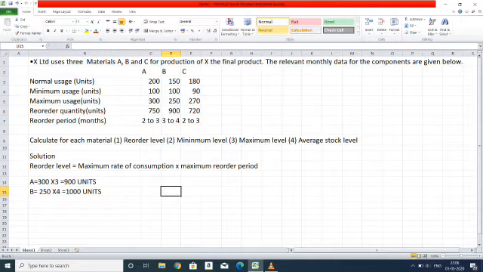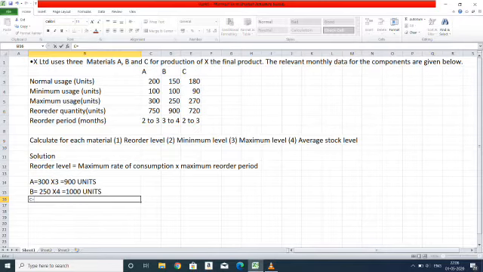In case of C, 270 into 3, that is equal to 810 units.